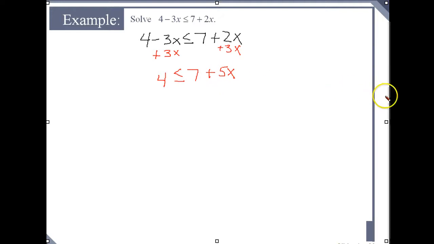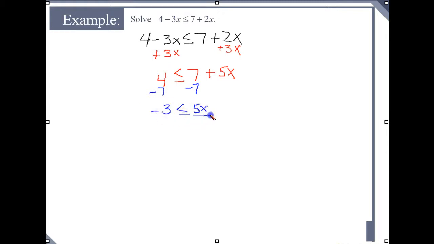And now what I'm going to do to isolate the x's on one side, I'm going to subtract 7. And again, I could transpose, but I'm just reviewing some of the techniques. And then this gives me a 5x, and this is going to give me a negative 3.